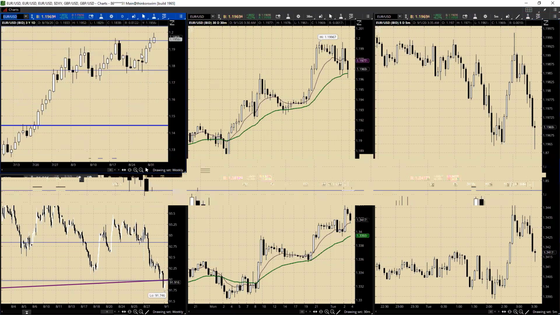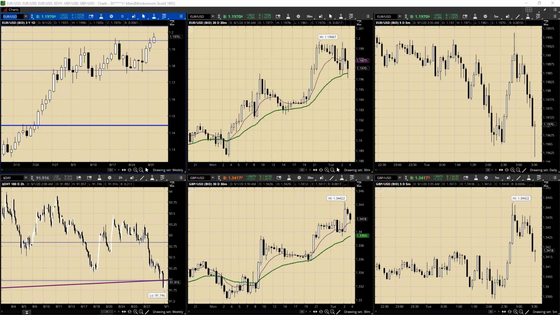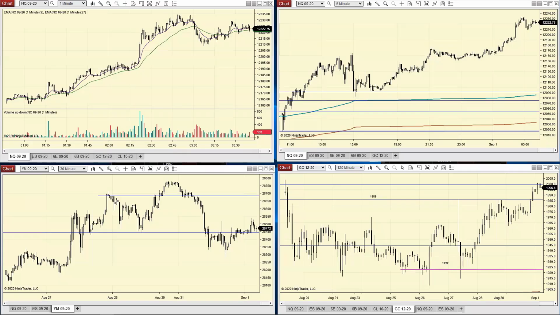And euro dollar still staying pretty firm. Indices remain still fairly strong, with gold really testing up here closer to the 2000 area. We'll just take a quick look before we take off. You can see here gold, we've already challenged up here at the 2000 area as the dollar continues to sell off.